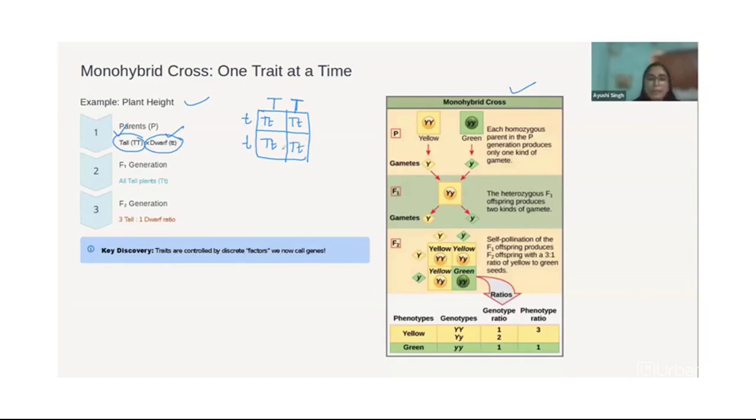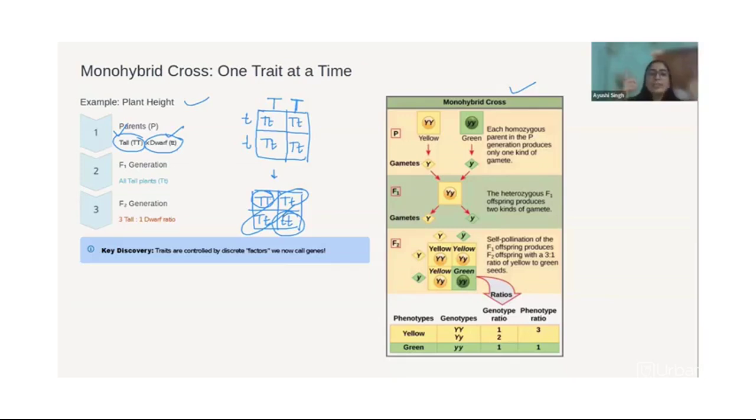Once we went to the F2 generation, we noticed three tall plants and one dwarf plant. If we look at the genotype, one is completely tall, and two are tall but also have the characteristic of dwarf, and one is a completely dwarf plant.